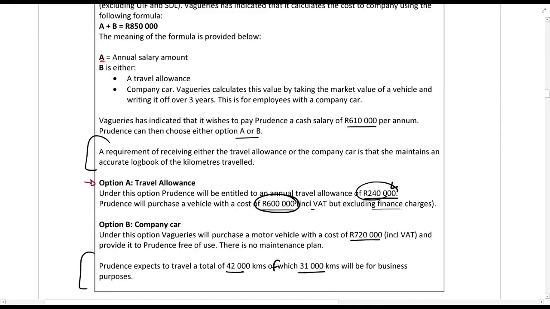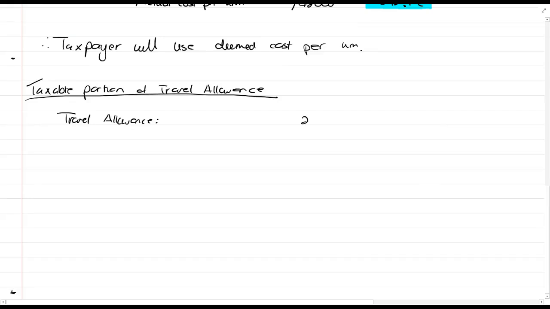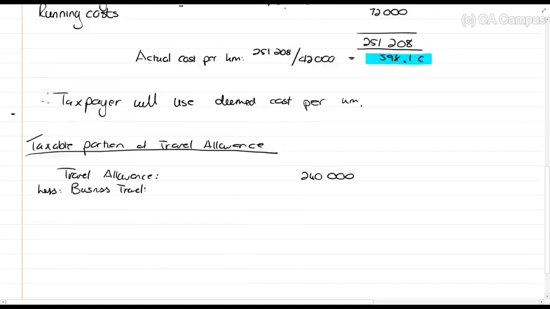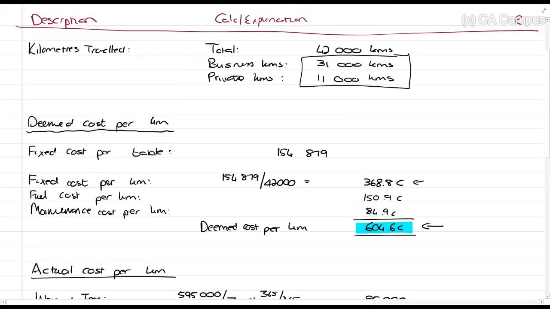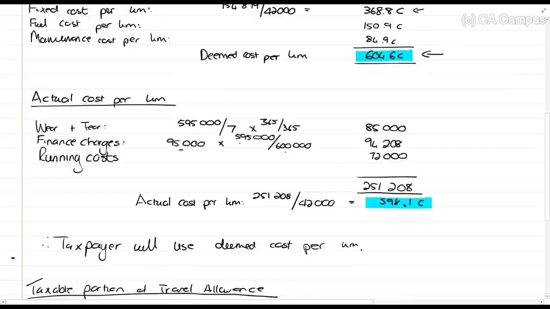Oh yes, 240,000. So 240,000 less business travel. The business travel is, we'll use the rate that she is using, 604.6 times our business kilometers, 31,000.